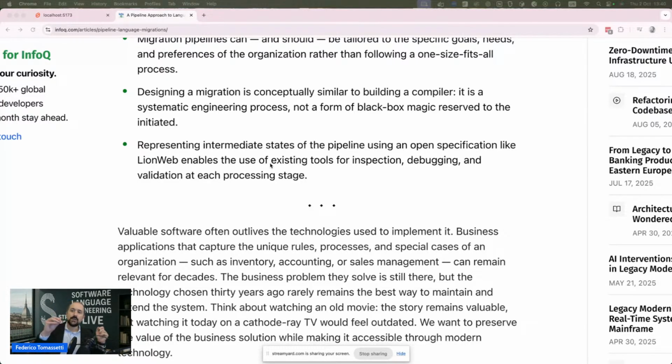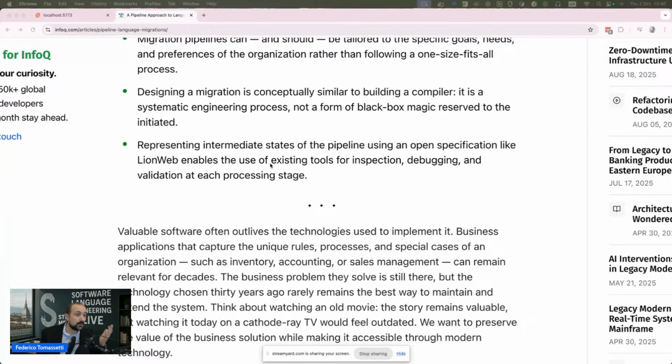And given we represent these intermediate stages using these open technologies, you can inspect, take a look, create tests that verify if the content of any stage respects certain guidelines or rules that you decided.